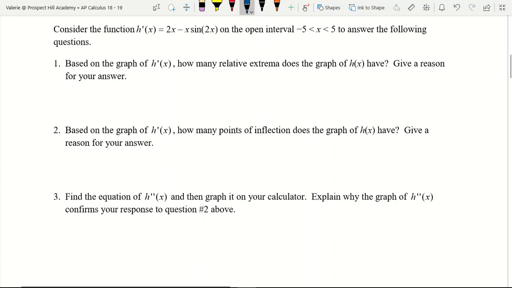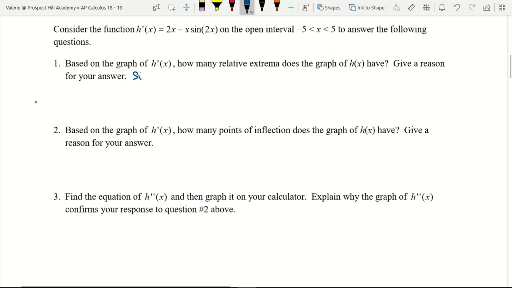If we look at the graph of h prime of x, we'll notice that h prime of x on the interval from negative 5 to 5 only has 1 zero that changes from negative to positive.